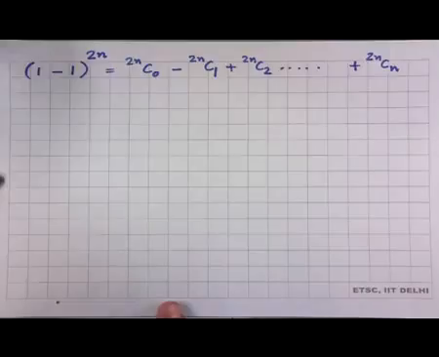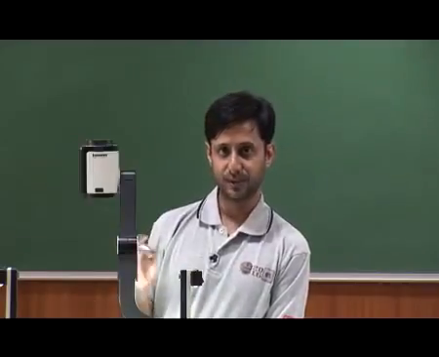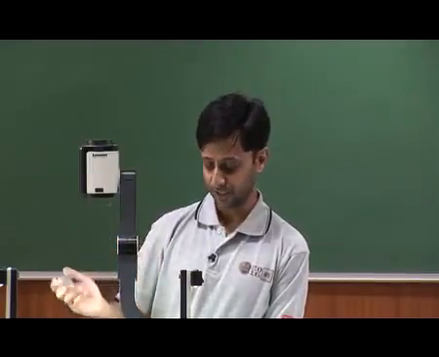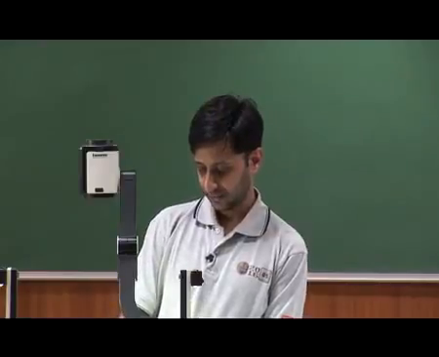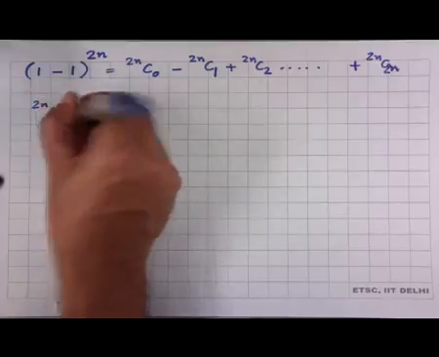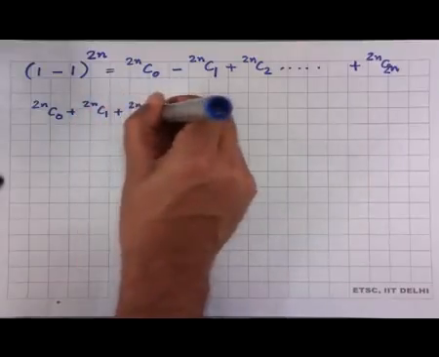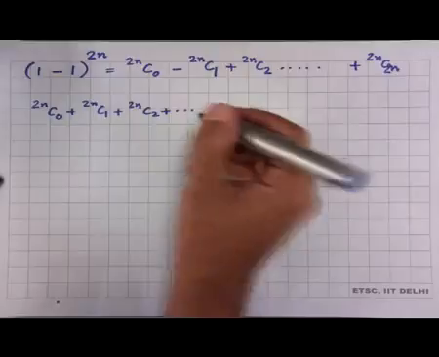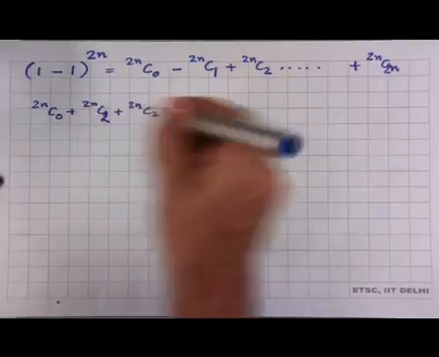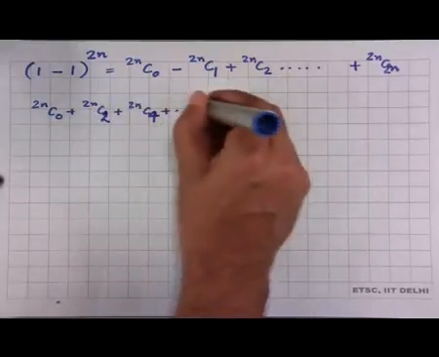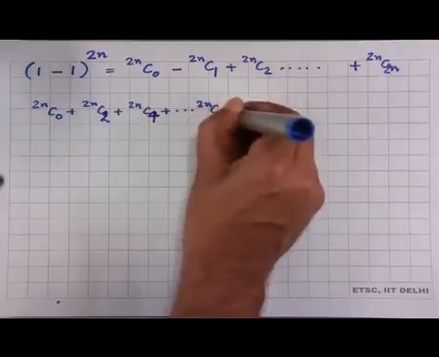fine. And then you bring the even terms to one side, the odd terms to the other side. So, you get 2n C0 plus 2n C2 plus so on, up to 2n C2n.